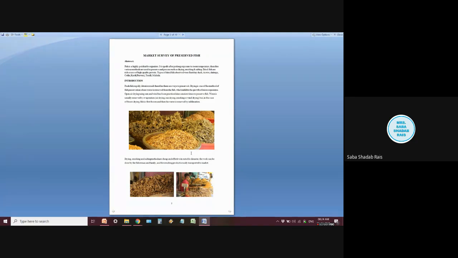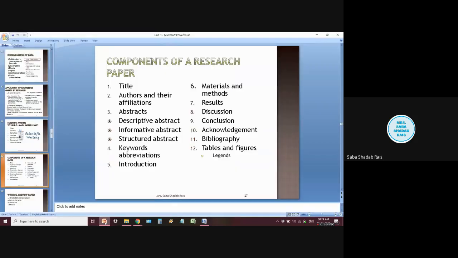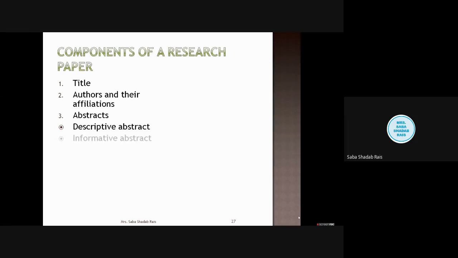Abstracts are of different types, like the descriptive abstract, which is used in the social sciences and the humanities. Then we have the informative abstract.